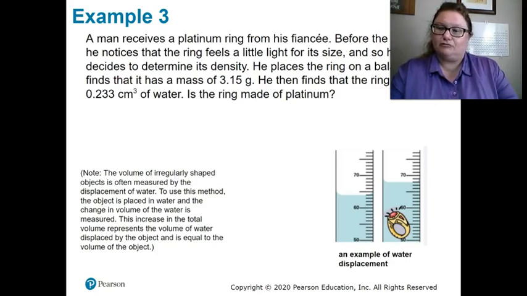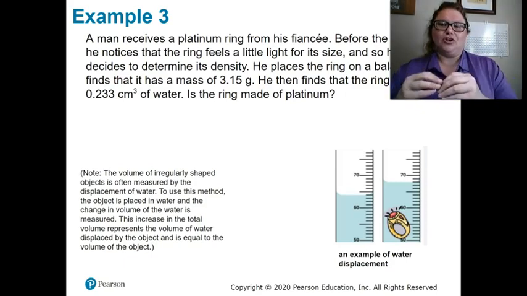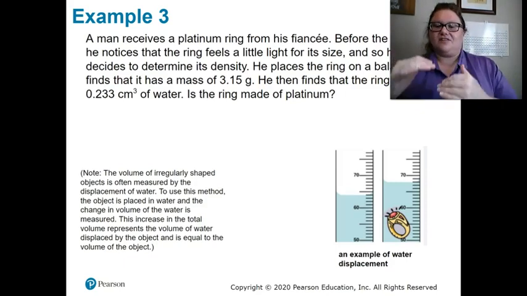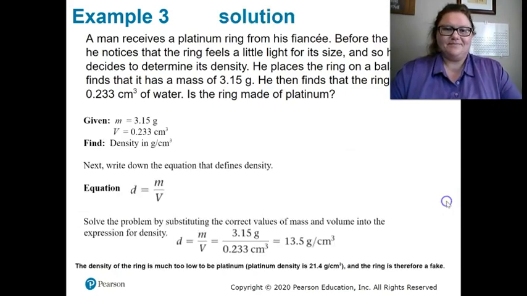You'll see the level rise. That's called displacement. You see it underneath the picture there. Displacement is the technique used for irregular shaped objects to get their volume. The volume of water that it moves is equal to the volume of that object. So we could subtract these two volumes, the before and after, and get the volume of our ring.